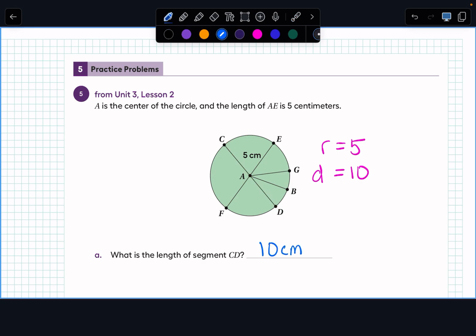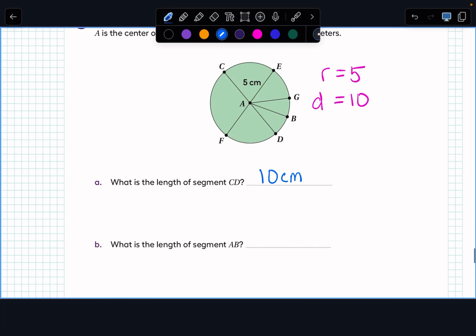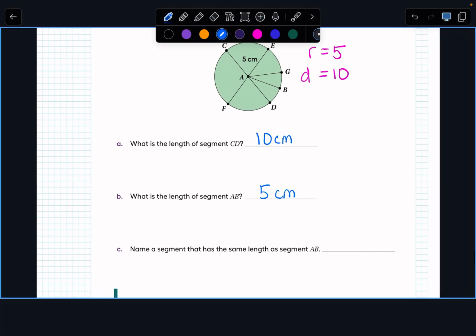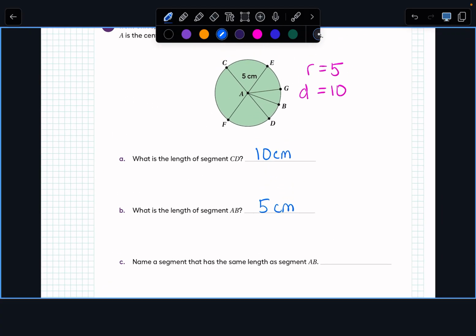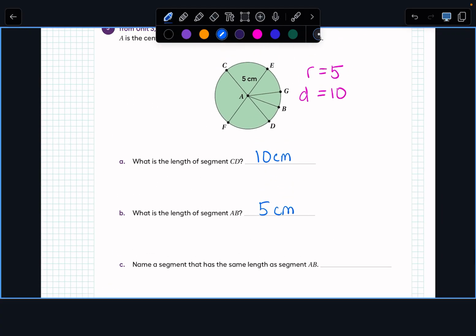So CD is 10 centimeters. Okay, B, what is the length of AB? Well, that's a radius, and we know that all radii are 5, so we would say that's 5 centimeters. And now C, it says, name a segment that has the same length as AB.